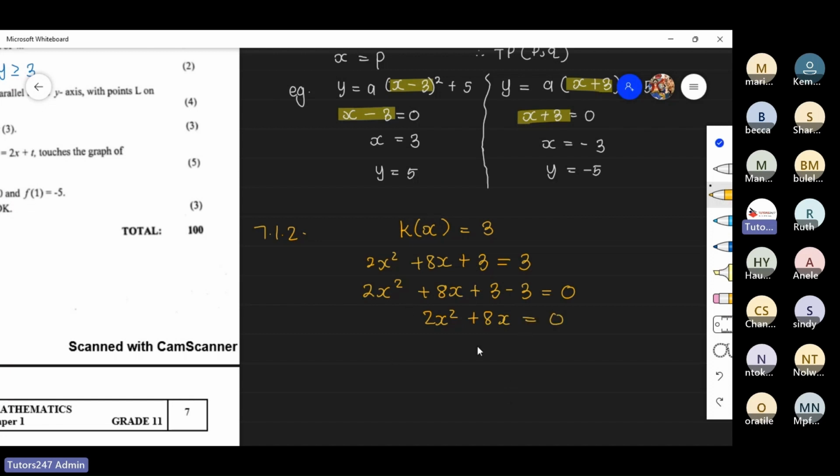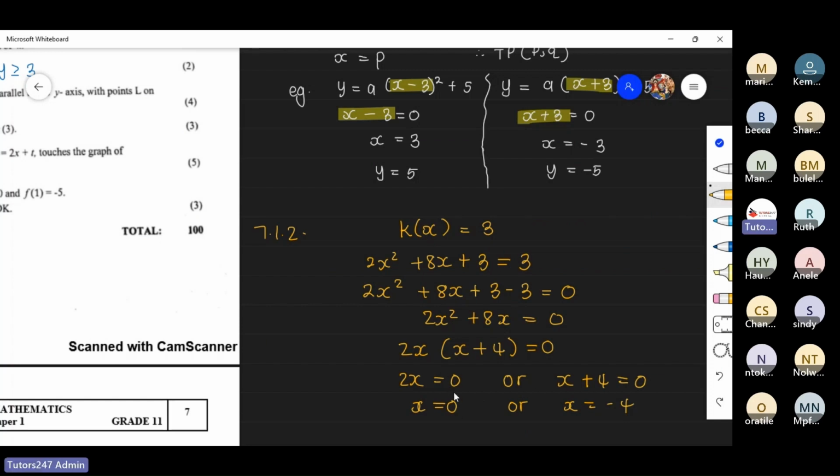From here, you see that you have a common factor of 2x. So you'll be left with x plus 4 within the bracket. So you can have 2x equals 0 or x plus 4 equals 0. We then have x equals 0 or x equals negative 4.